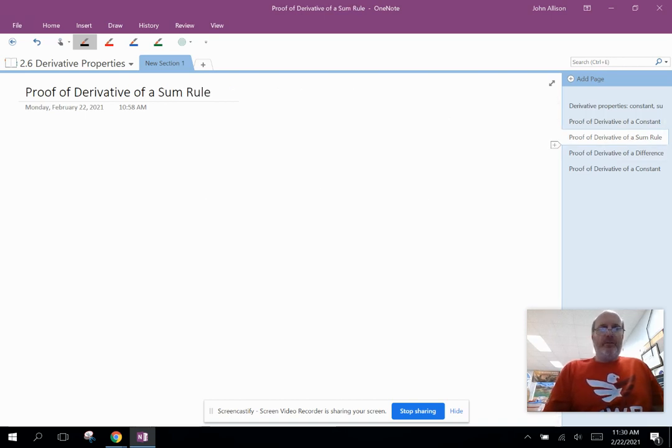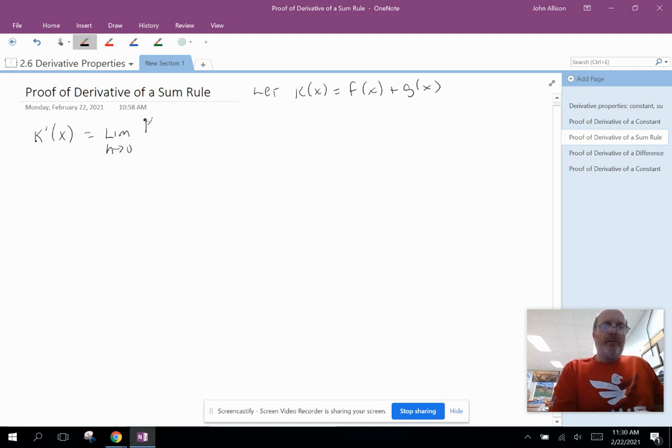Now the derivative of the sum rule. Let's say we let k of x equal the sum of two functions, f of x plus g of x. And again, we have k prime of x by the limit definition. This limit as h goes to 0 of k of x plus h minus k of x over h.